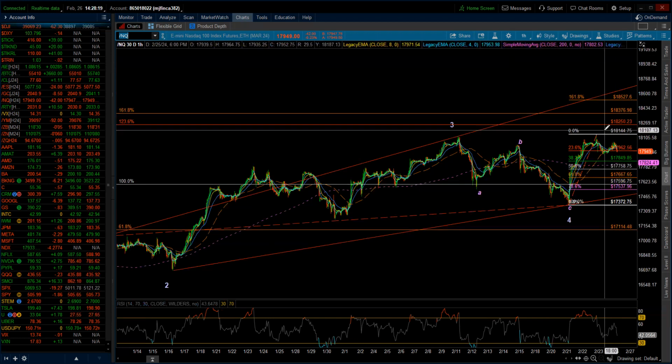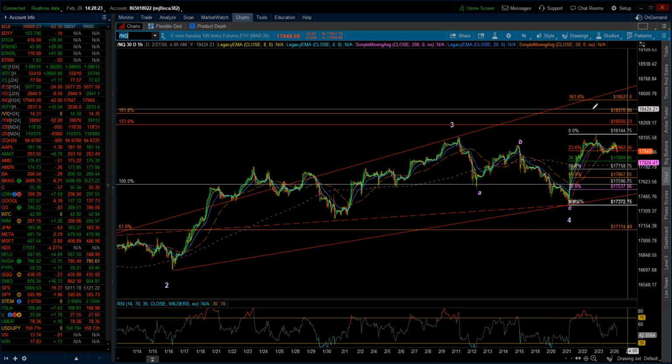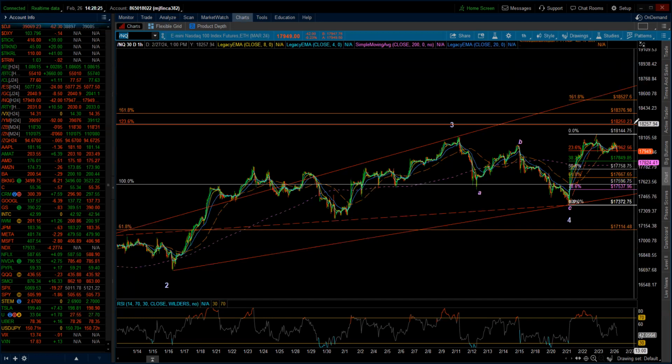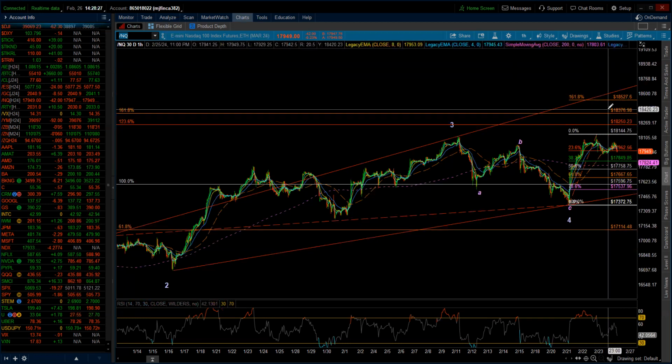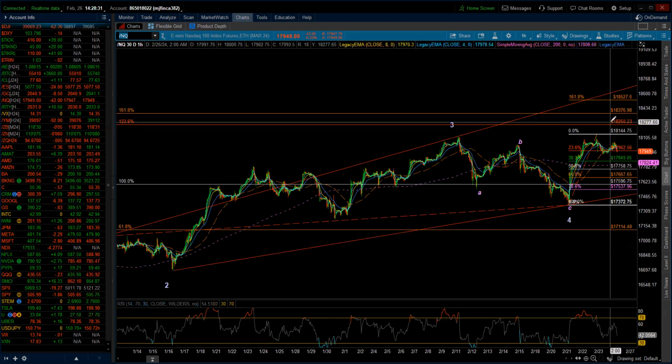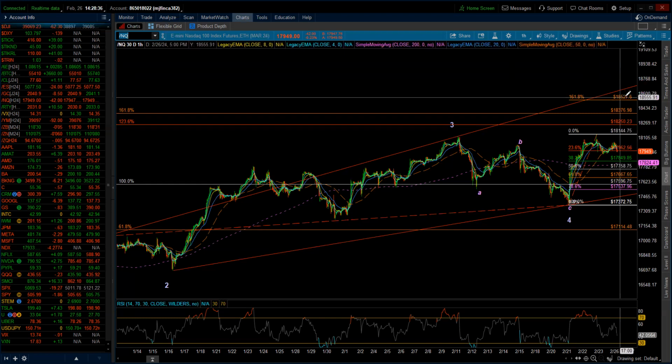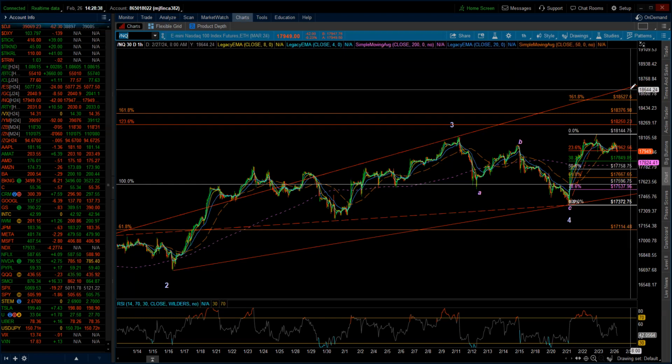So right now, as it stands, wave A, we get a B, and then we get a C. Without that final calculation, 18,250, 18,375 to 377, I'll call it, and then 18,520, 525 to 530. And we have this at above 18,600.